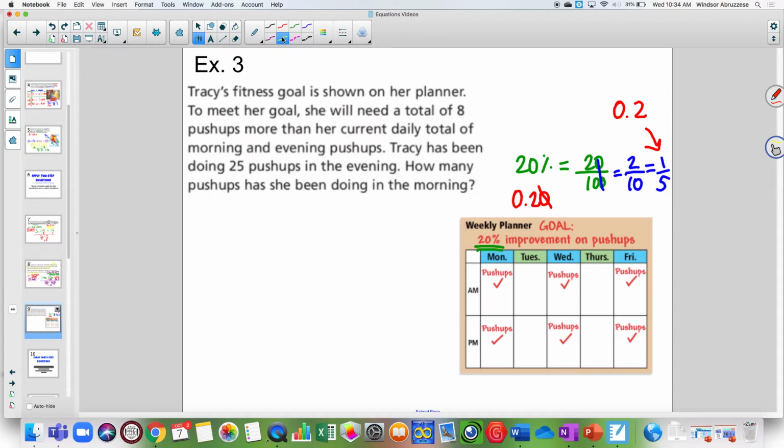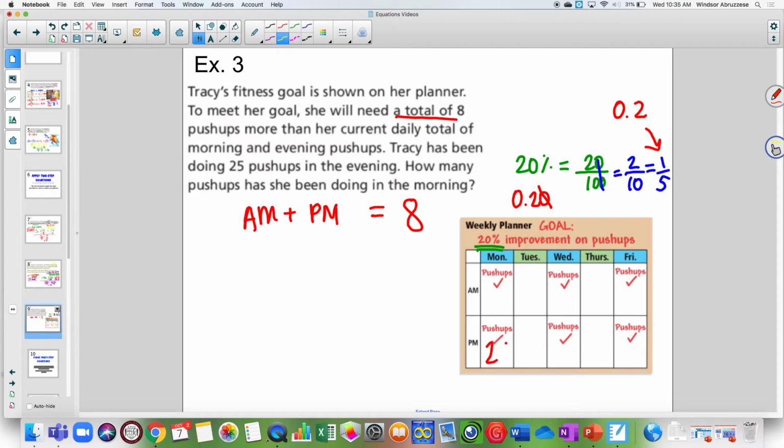To meet her goal, she will need a total of 8 more push-ups than her current daily total of morning and evening. So we have AM plus her PM. And that has to have a total of 8, right? Tracy has been doing 25 push-ups in the evening.